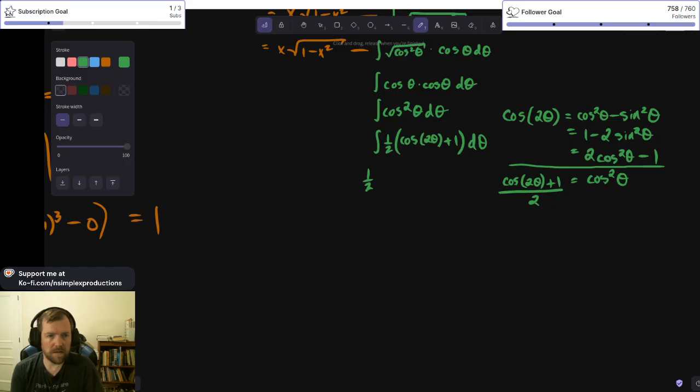We need a 2 outside of our cosine of 2 theta in order to satisfy the chain rule, which then means that this is also over 2. Which is going to get us the sine of 2 theta, plus, this is a 1/2 theta, plus c.